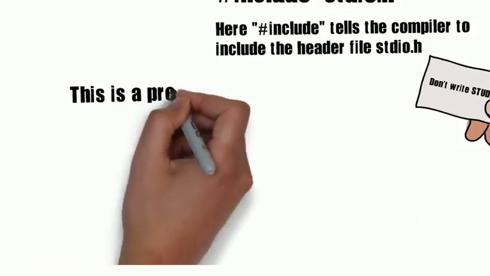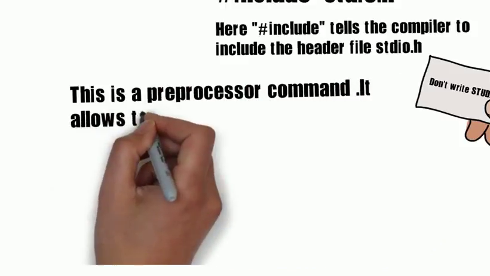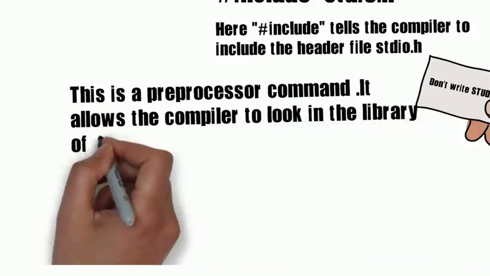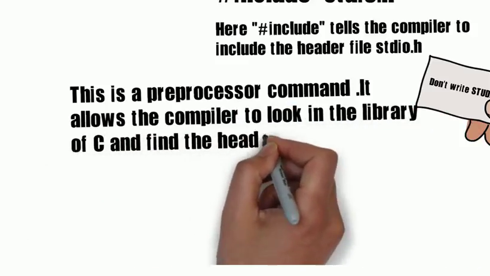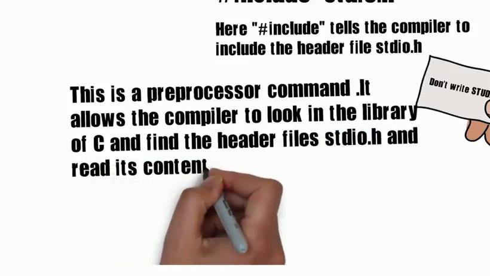This is a preprocessor command. It allows the compiler to look in the library of C and find the header file stdio.h and read its contents.